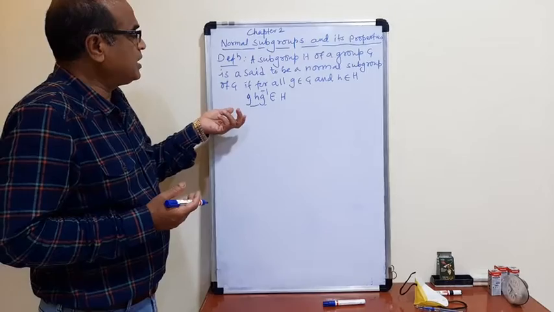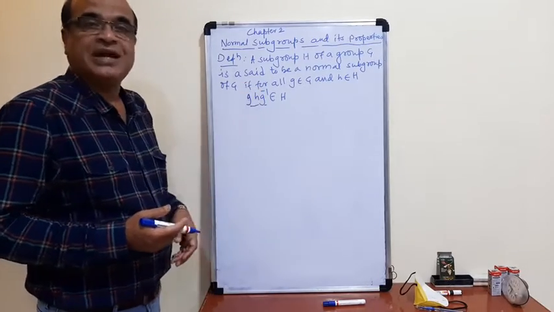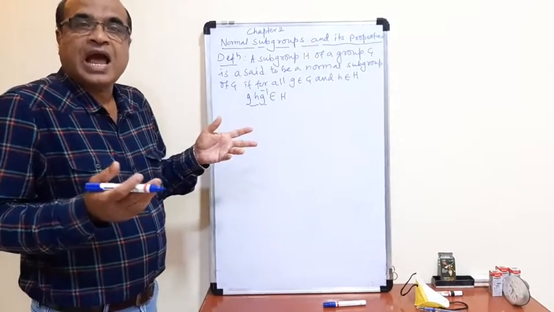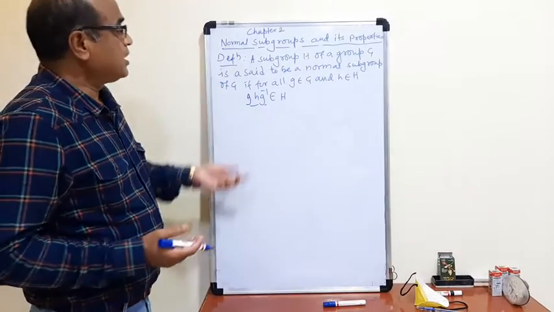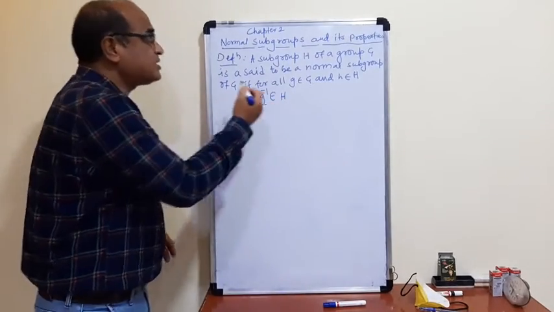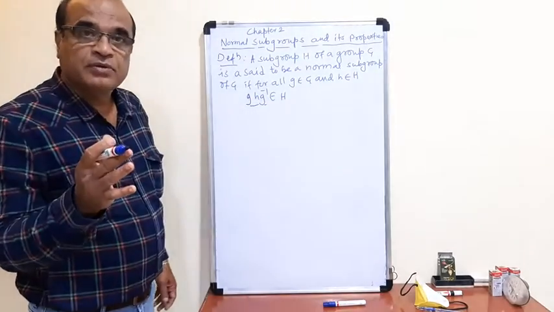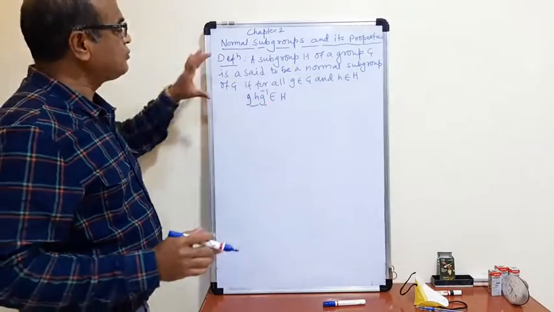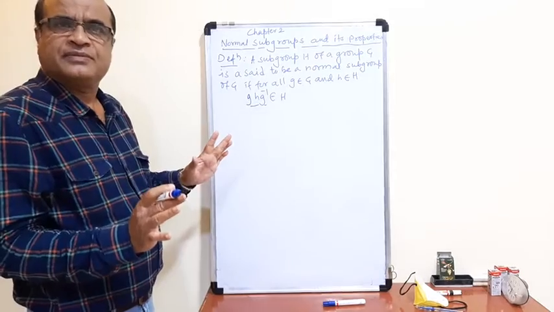Then H is called a normal subgroup of the group G. Okay, so this is the definition.